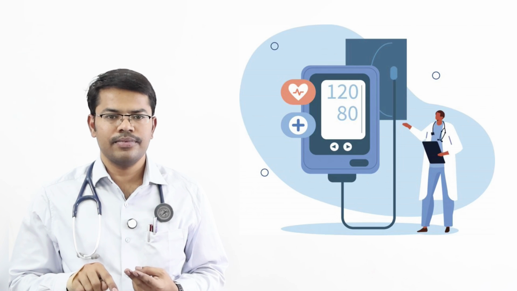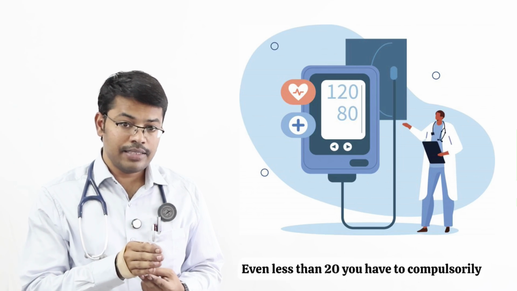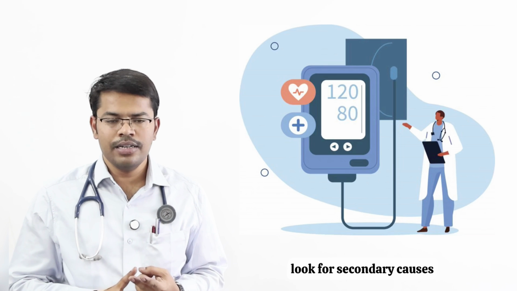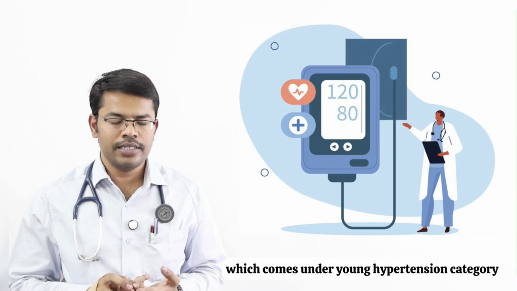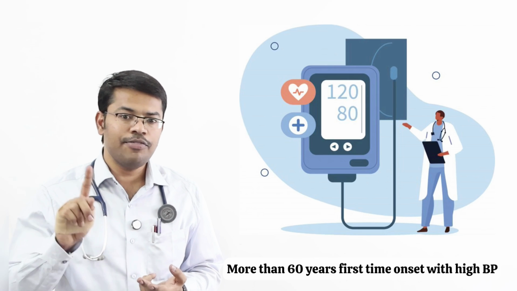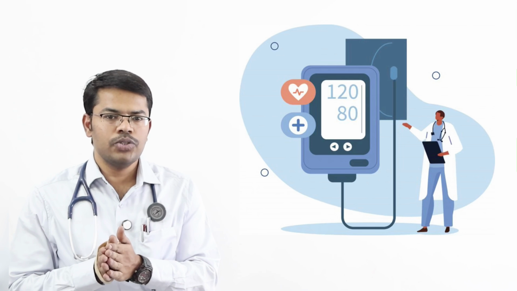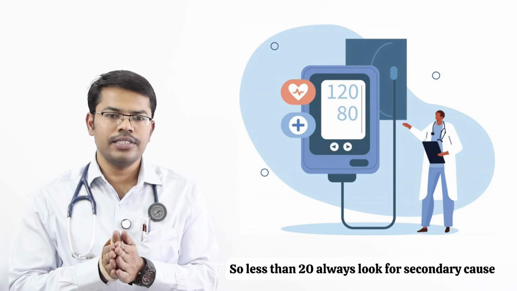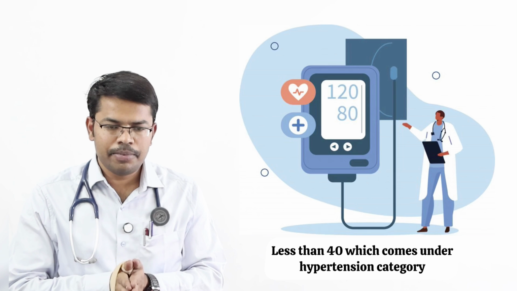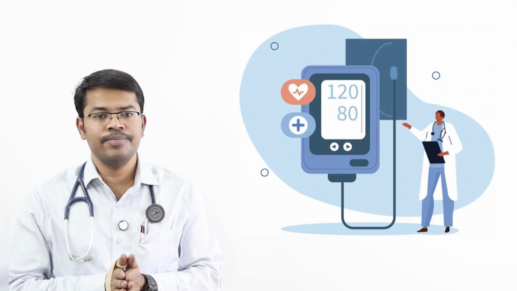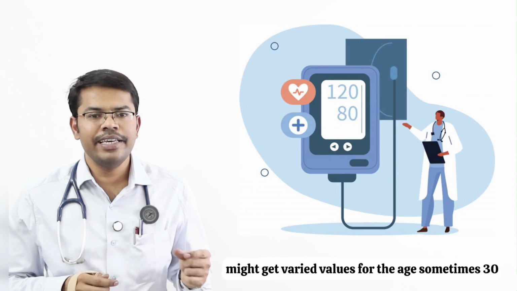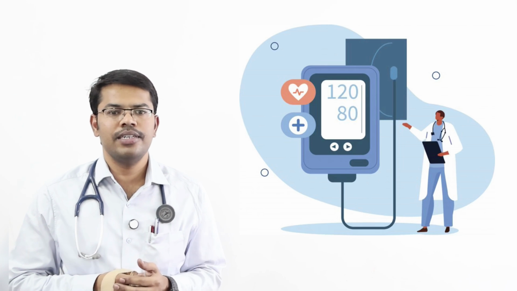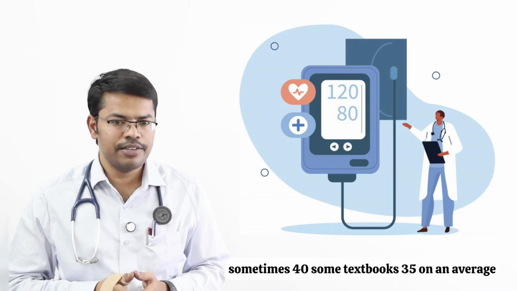Second one, age of hypertension onset. Age even less than 20, you have to compulsorily look for secondary causes. Less than 40 years comes under the young hypertension category. More than 60 years, first time onset with high BP. One point to add is, in the texts you might get varied values for the age: sometimes 30, sometimes 40, some textbooks 35.